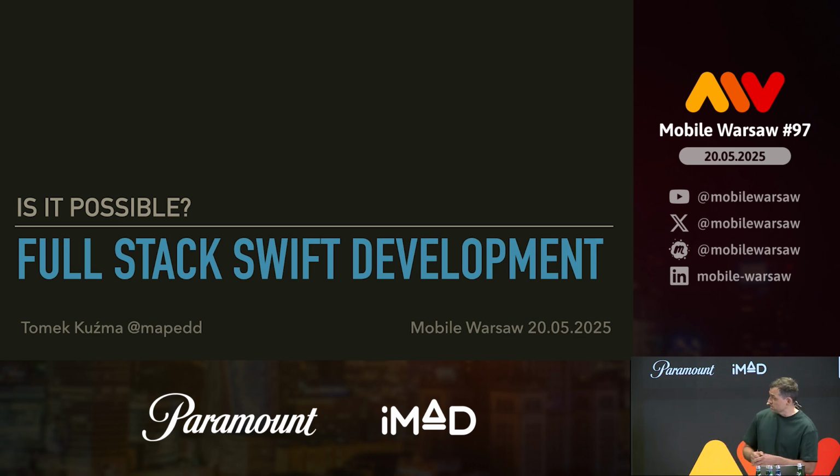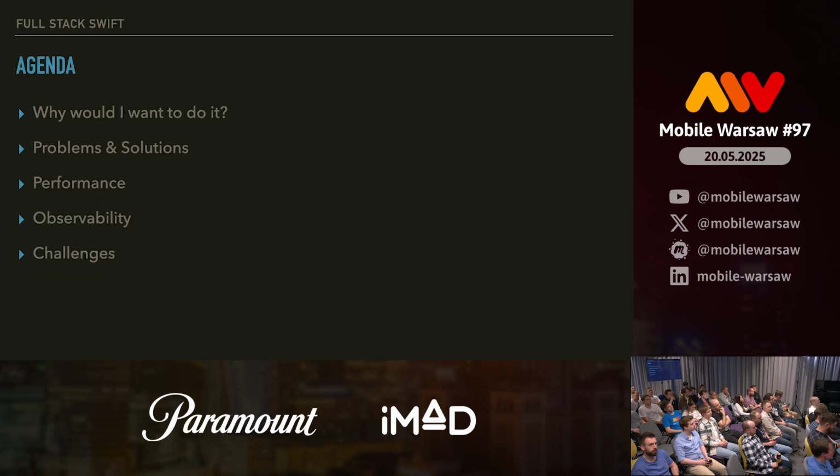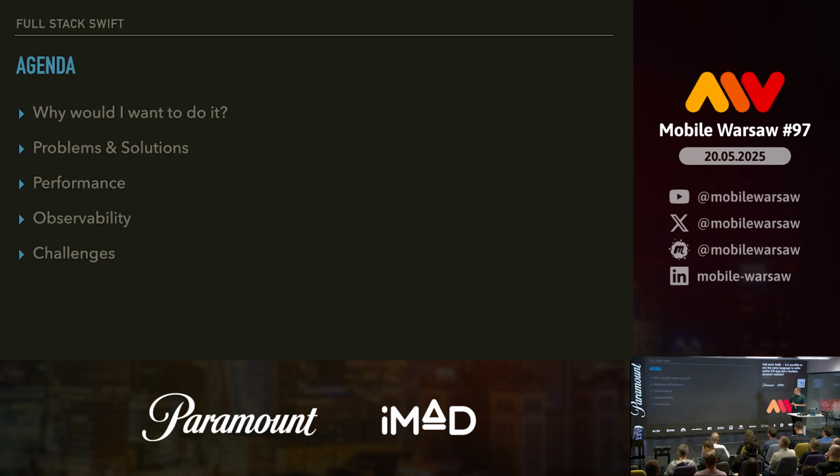All right. So the question we'll try to answer is if it's actually possible to develop a full stack Swift app. Okay. So there's a quick agenda. Obviously the first question we will answer is, why would you even want to do it? There are other technologies and other tools, so why don't you just stay in Xcode?